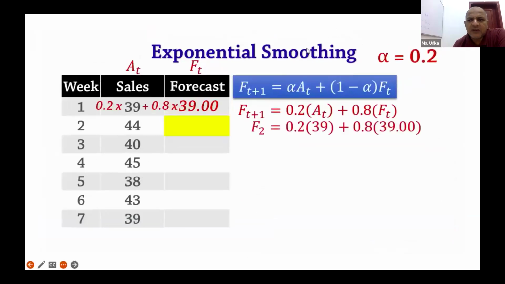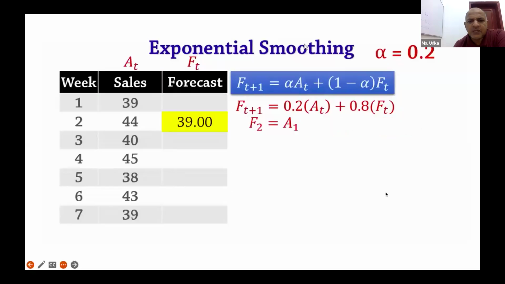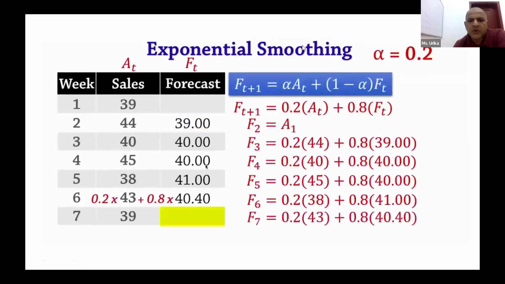Now the alpha value is given. Can you see? You are going to use the alpha value and the sales of the time, and forecast and get your results. According to the formula, you are having the forecasting.